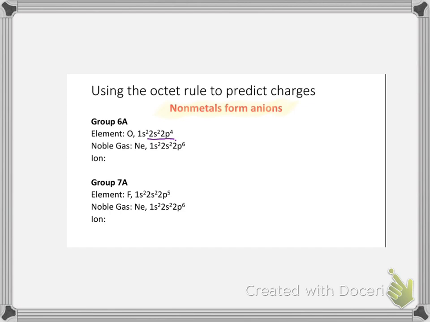So what happens is, if I take away the 4, and I add 2 more and make it 6, then they would be matching. So in this case, it's not about losing anything, it is about gaining.